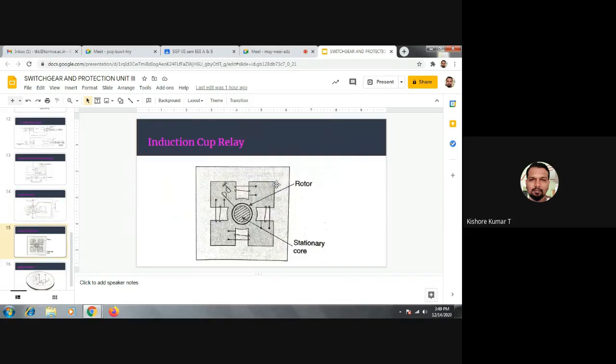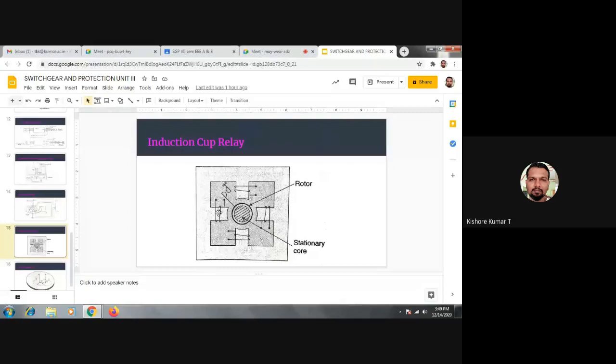Now we will go for the induction cup relay. See here at the bottom, at the axis of this pole, these four squares will constitute a single material on which the windings are wound. Relay coil windings are wound with a phase difference.